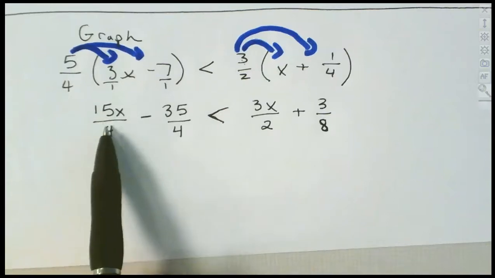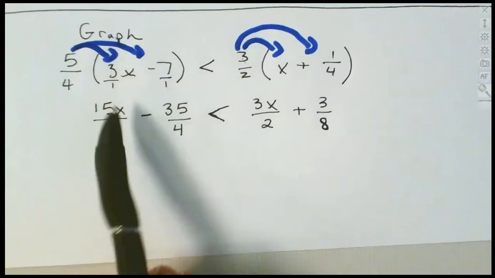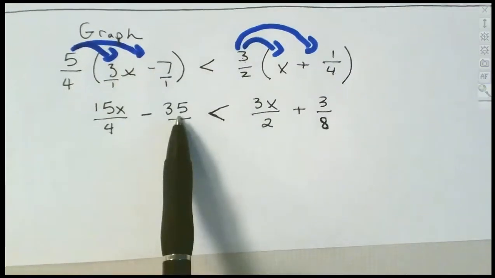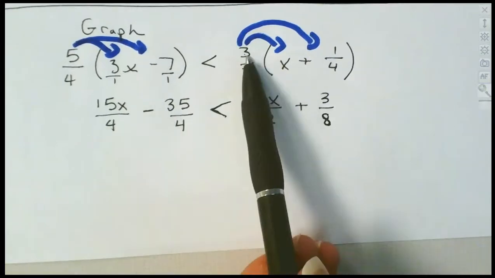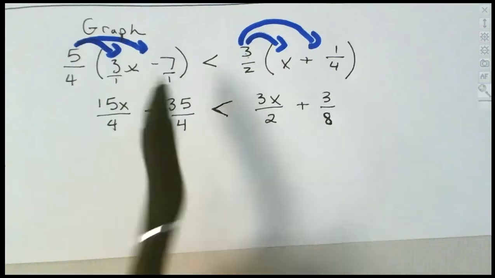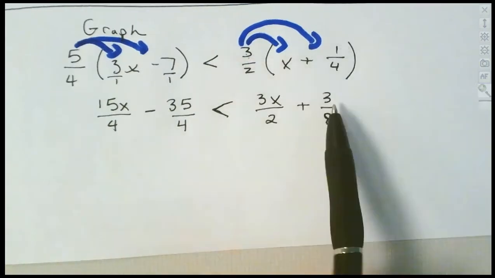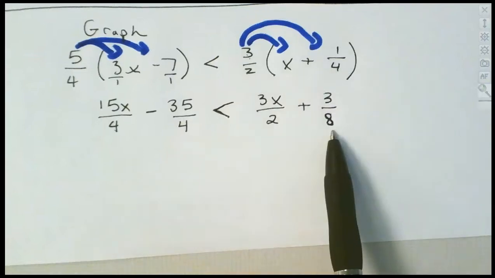That's why this one is 15 over 4. 5 times a negative 7 is a negative 35. What's down below? The 4. 3 times x is a 3x. What's down below? The 2. 3 times 1 is 3. 2 times 4 makes it an 8.